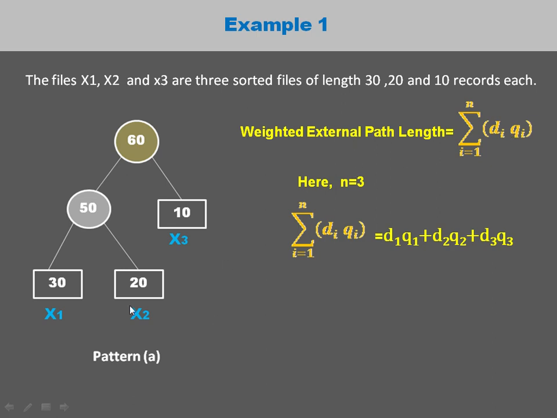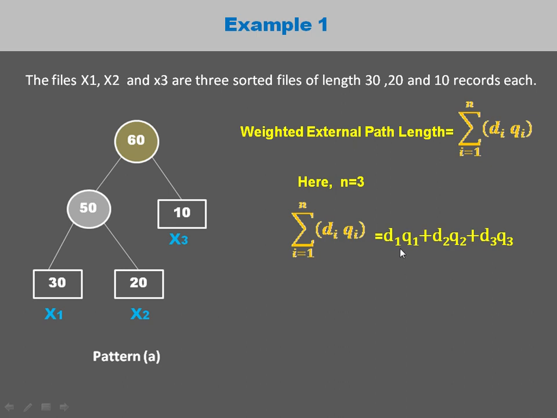Here in this example, we have three sorted files, therefore n is equal to 3, so i is equal to 1, 2, 3. Therefore our formula will be d1 q1 plus d2 q2 plus d3 q3.